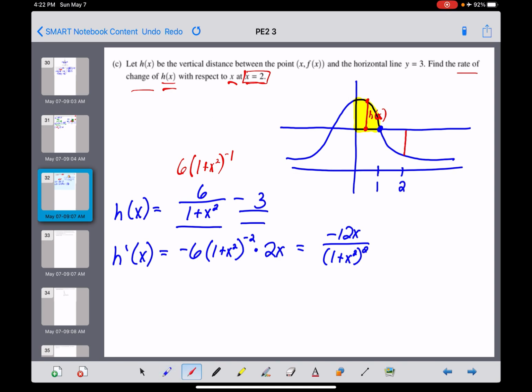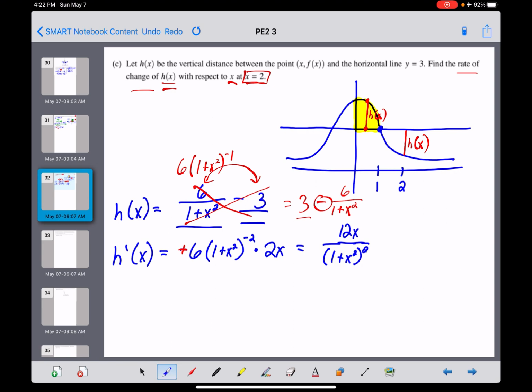So when we measure the vertical distance between these two curves at the point in question, I've got this order of subtraction wrong. What this really should have been was 3 minus 6 over 1 plus x squared. The derivative of that 3 is still 0, but there should have been a minus in front of all of this, which means this minus should cancel out, and my answer should be the opposite sign of what I had. So really, guys, that numerator should just be positive 12x.